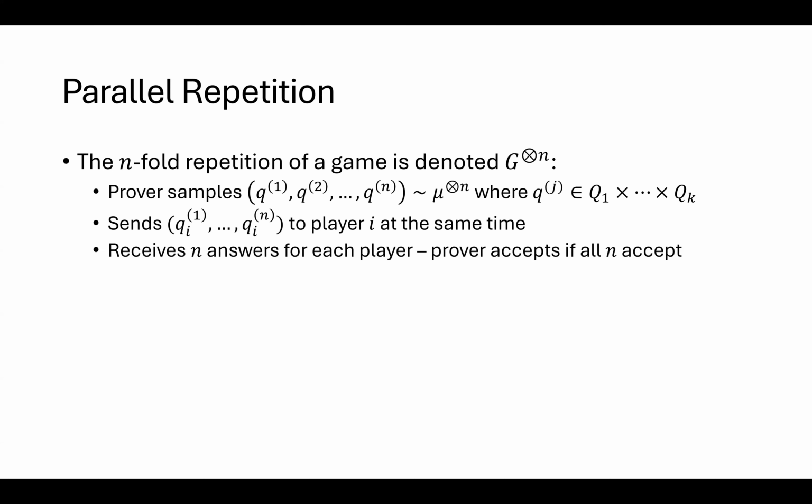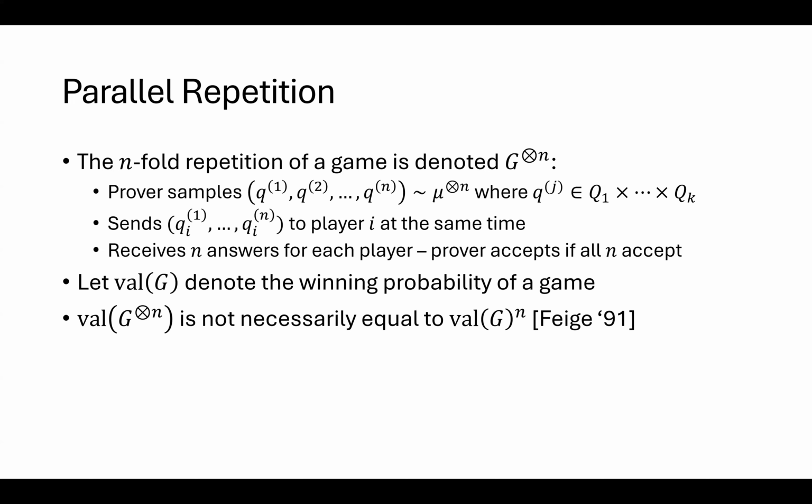And now the ith element of each question tuple qj is sent to player i, but all at the same time. So player i receives q1i all the way up to qni all at the same time. And then the player uses these to produce n answers. And then the prover accepts if all n of the games in each coordinate accept all at the same time.